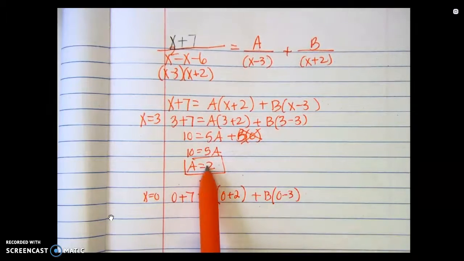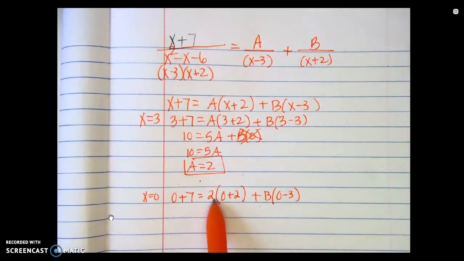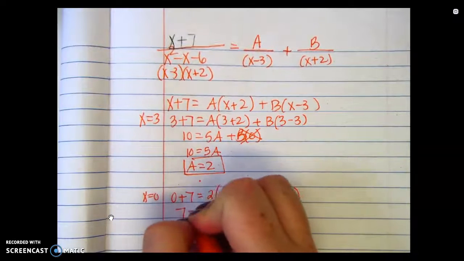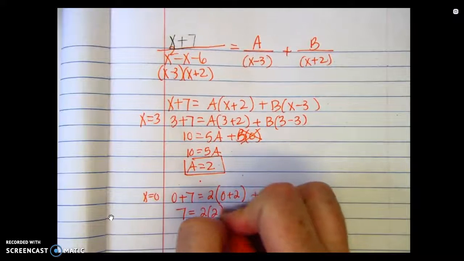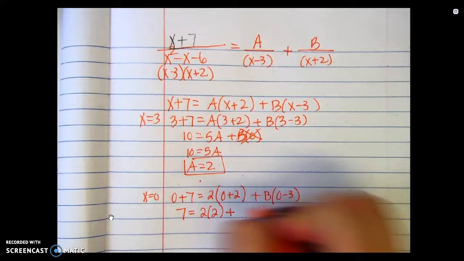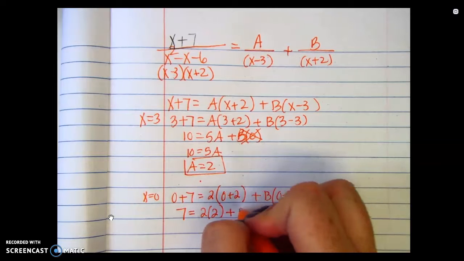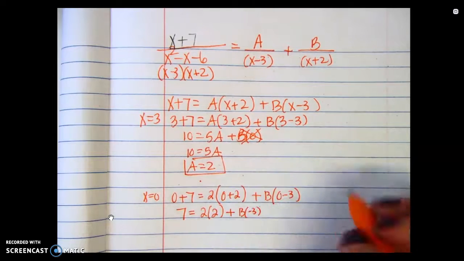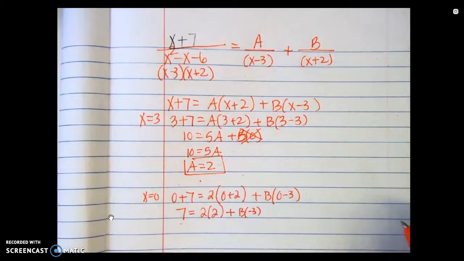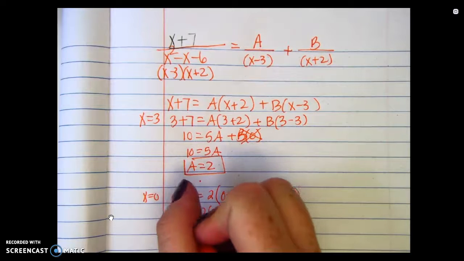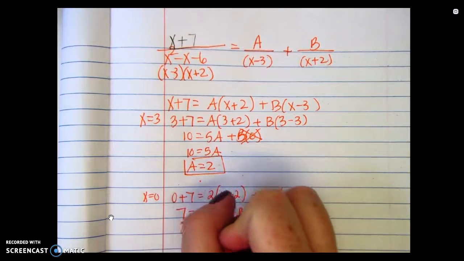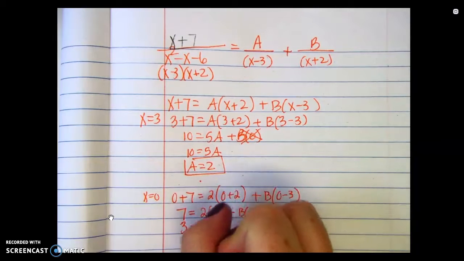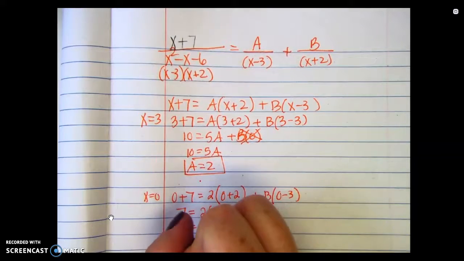So once I know a, I put it into that equation. So this is 7 equals 2 times 2 plus b times negative 3. I could move the 2 times 2 over, which is 4. 7 minus 4 is 3. 3 equals negative 3b. b is going to equal negative 1.